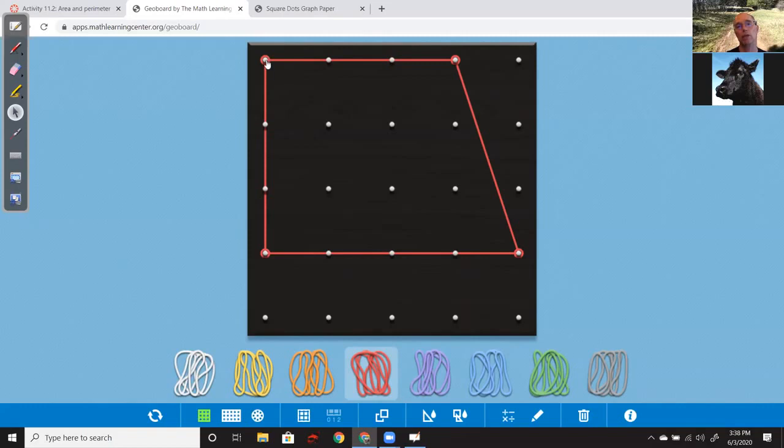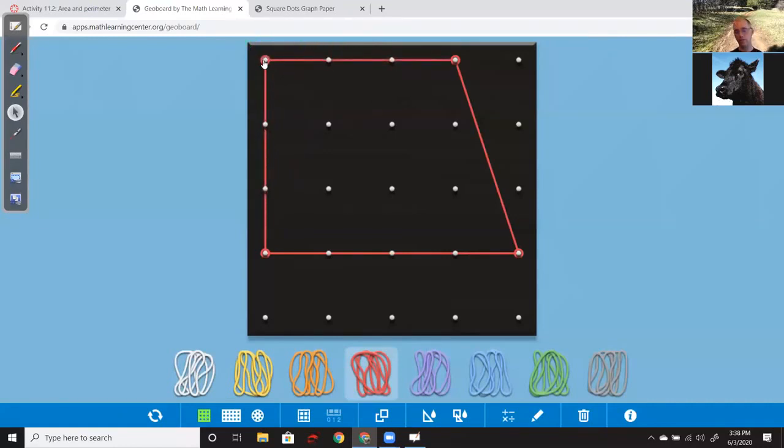But I can make the area smaller by, say, moving that point there. This trapezoid also has a base of 4 and a height of 3. And this trapezoid here also has a base of 4 and a height of 3. But I bet once we calculate it, this will have a smaller area than this one, and this one has a smaller area than that one.